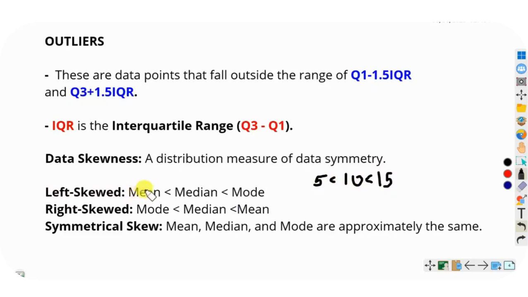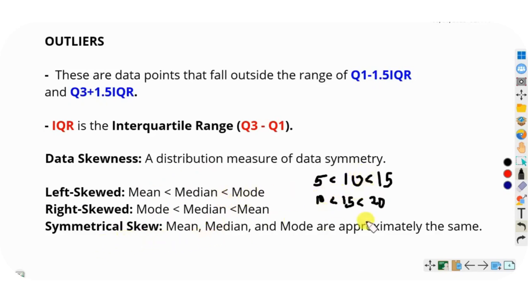So it is left skewed: the mean is less than the median, which is less than the mode. Whereas with right skewed, you find that the mode is smaller, maybe it's 10, and then the median maybe is 50, and the mean maybe is 20. So you just need to understand this.